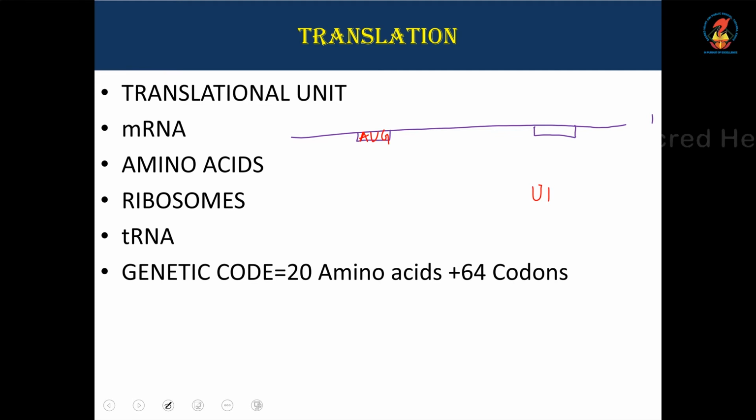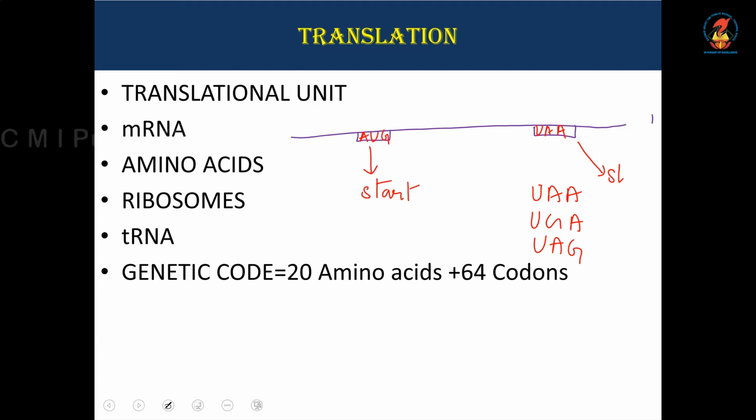The three are UAA, UGA, or UAG. These are the three stop codons. I will select any one of these, UAA. So, this is the start codon and this is the stop codon.